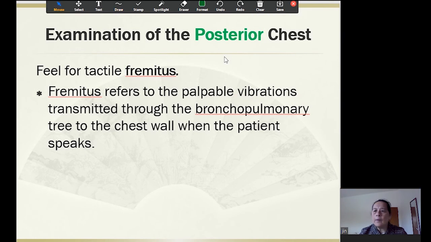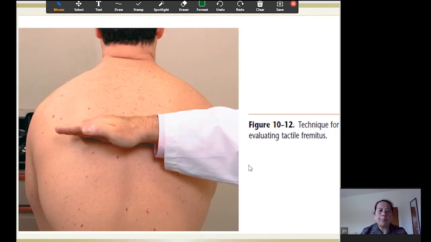So still like the picture here. The doctor puts a hand on the chest area, and then tells the patient to say, like, 999, with a pretty long sound. We can easily feel the vibration.